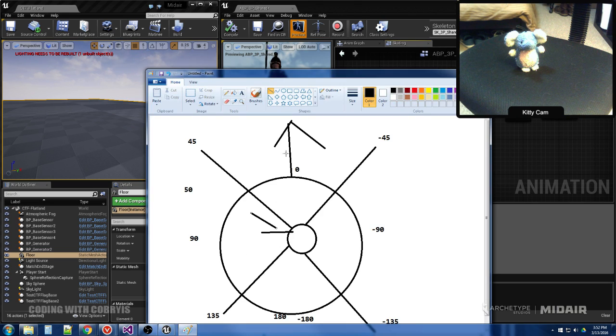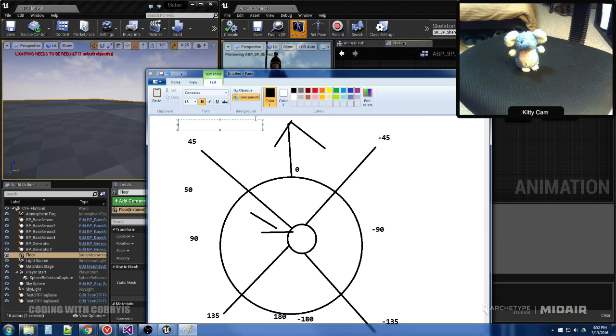Right now, our equation is we take our movement direction and we subtract our root rotation. Alright?